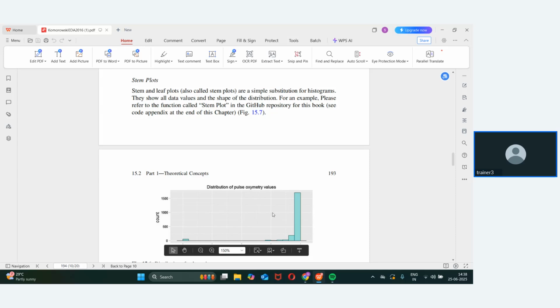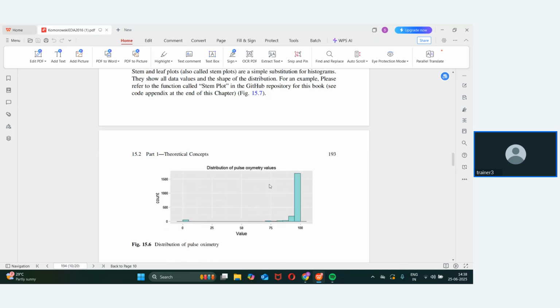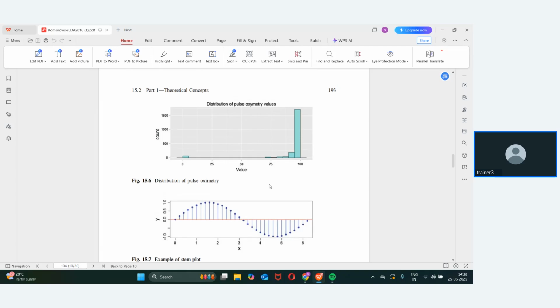So you can have a look at the distribution of oximeter values, pulse oximetry values.